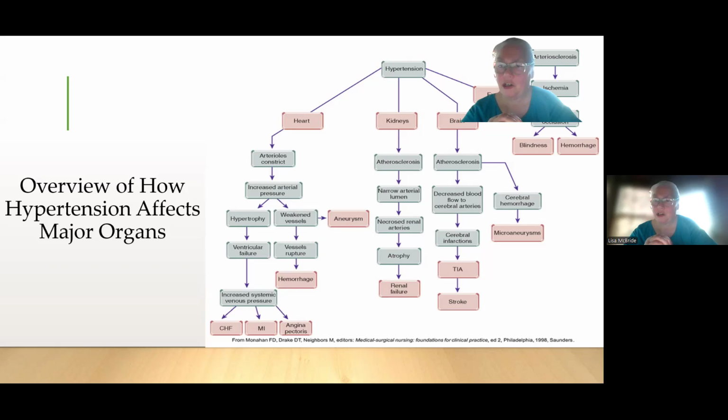And if that blood pressure isn't the right level, then it can have problems. Too high a blood pressure can cause the kidneys to be overstressed and too much pressure going into them can actually cause damage to those nephrons, which is the functional part of our kidneys.